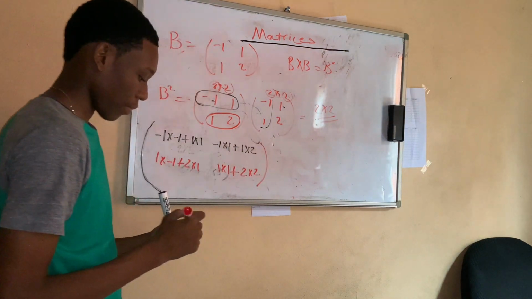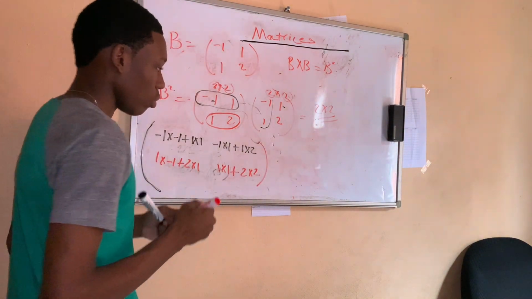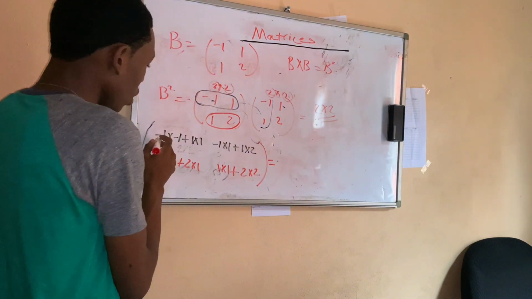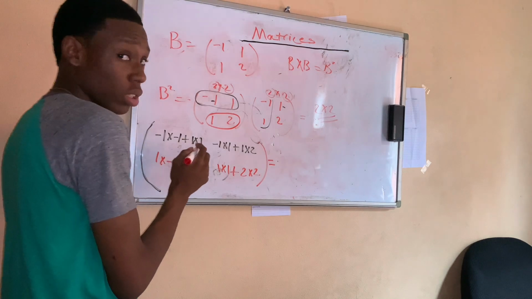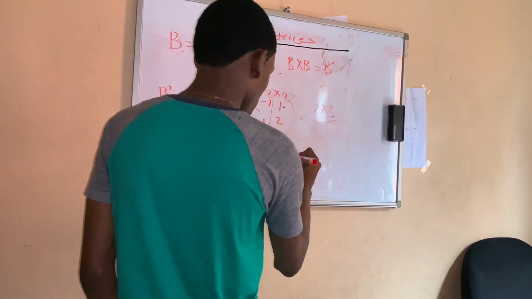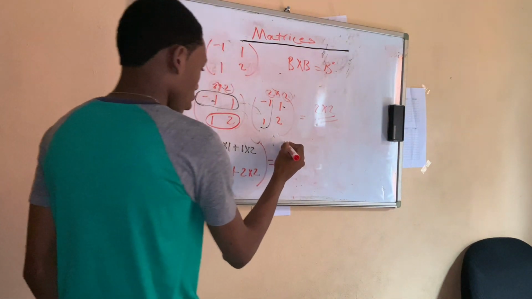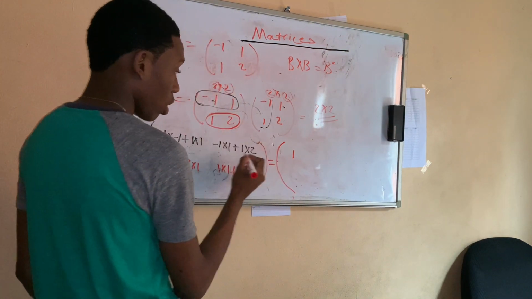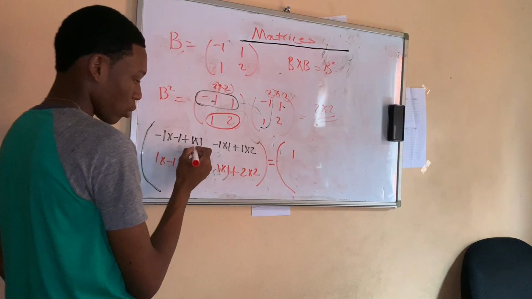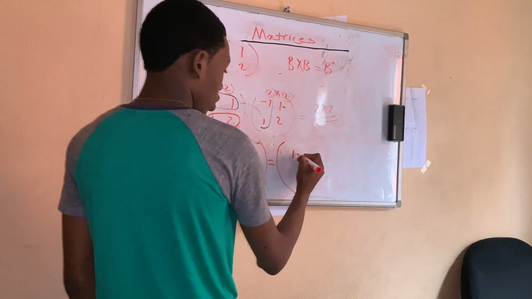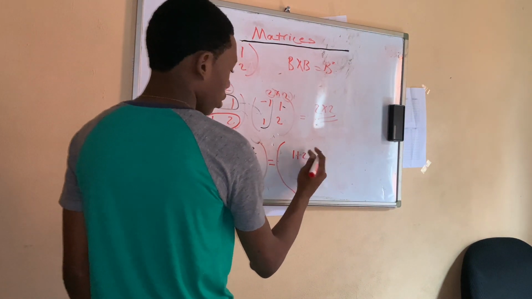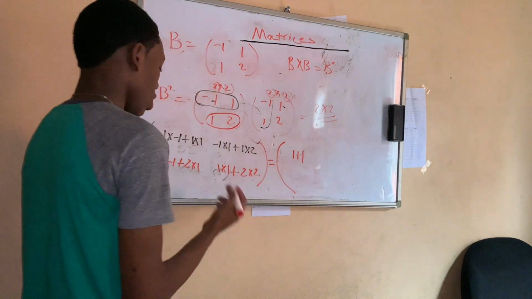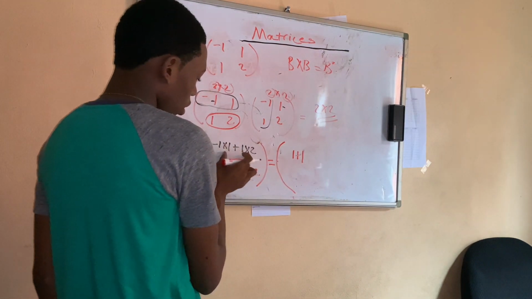Now we need to simplify this to get the final result. Negative 1 times negative 1 gives positive 1, plus 1 times 1, which gives 1.